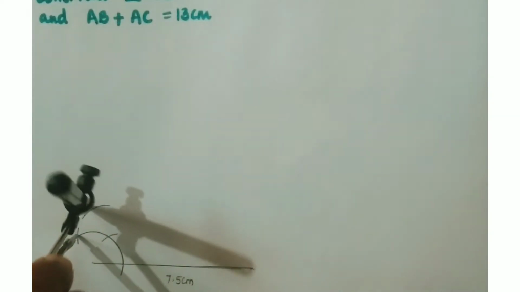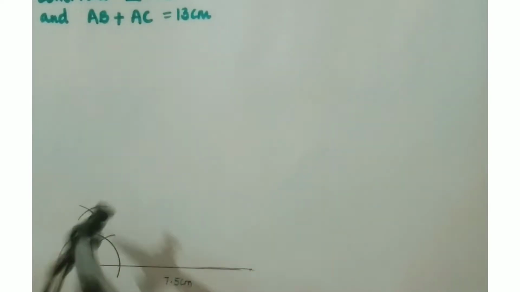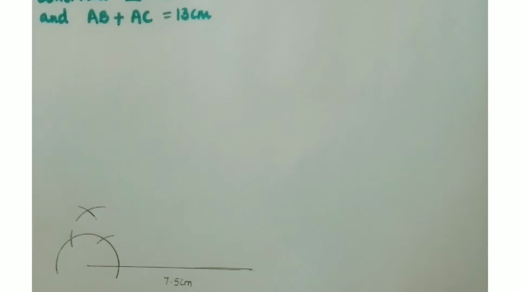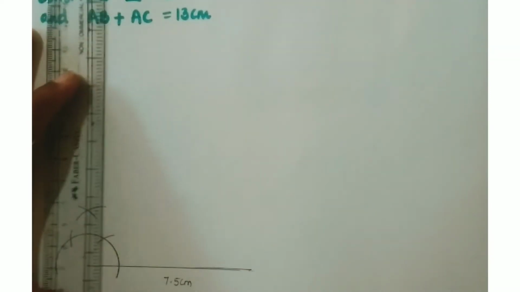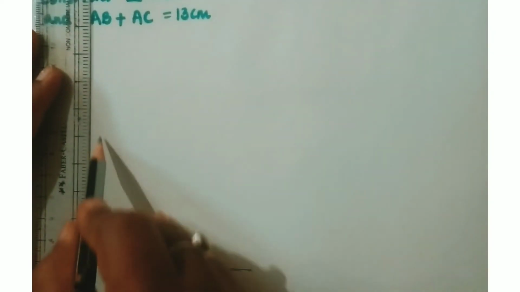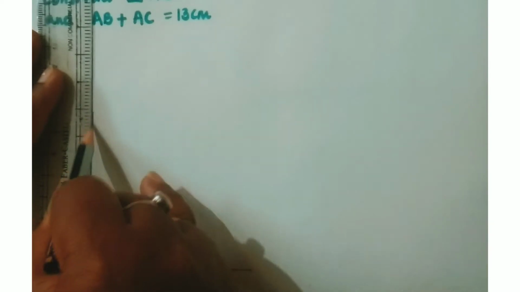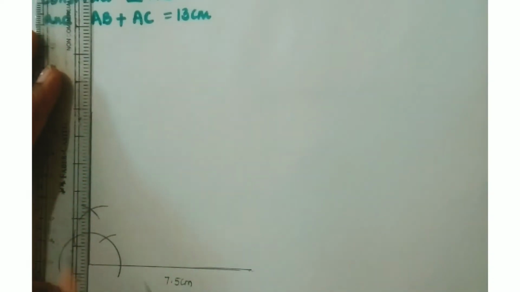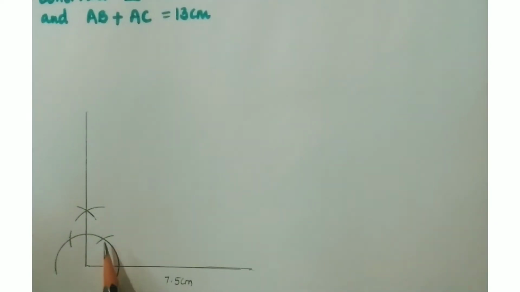Now it is the 90 degree arc. Draw a straight line now. So this is 90 degree. Here you can see this is 60 degree and this part is 30, so in total you will get 90 degree.